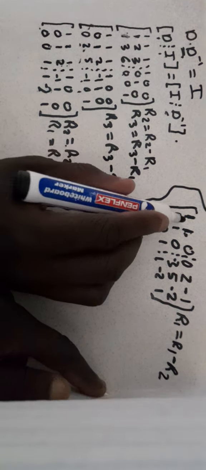You can see that we fulfilled the fact that we need an identity matrix here and the inverse here.